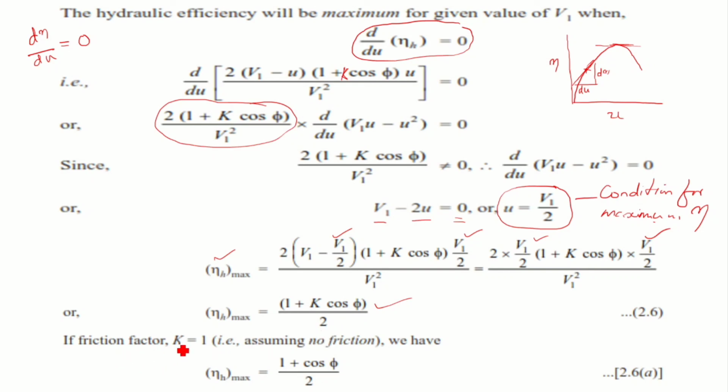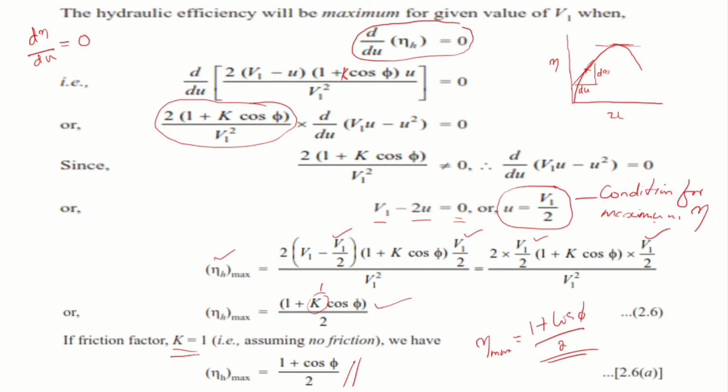If the blade is smooth, the k term will become 1. So the maximum hydraulic efficiency equation becomes 1 plus cos phi by 2. This is the expression for the maximum efficiency of the Pelton turbine.